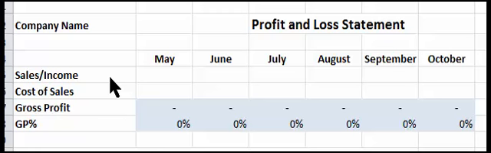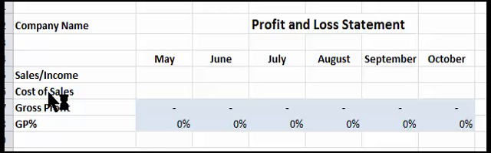But let's, for this case, say that we're talking about a shoe shop that actually buys in products and then resells them. So in this case, we'll be talking about sales. Now, the cost of sales is the cost of the shoes that this business pays from a wholesaler.